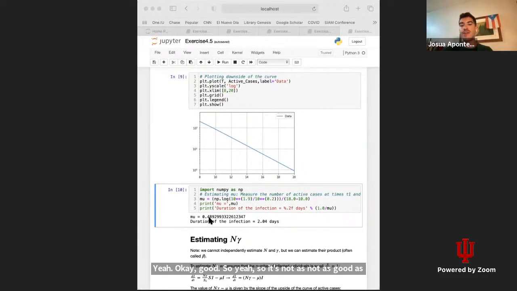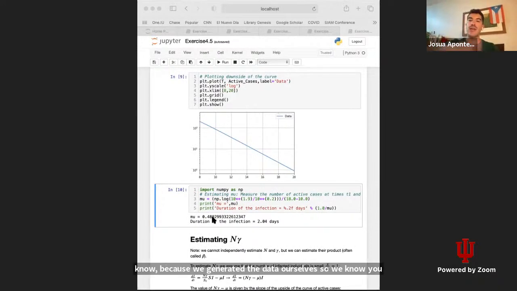And the reason I say good is because we generated the data ourselves, so we know mu was 0.5 in the original data. But again, we're just eyeballing it, so I wouldn't be terribly worried about it. The application I uploaded is much more systematic.